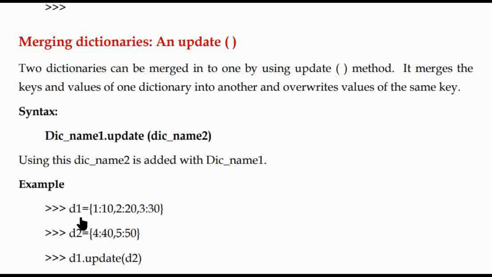Example: D1 is equal to 1 colon 10, 2 colon 20, 3 colon 30. D2 equal to 4 colon 40, 5 colon 50, or you can read 5 colon 50. First one is the key and second is the value. D1 dot update D2.